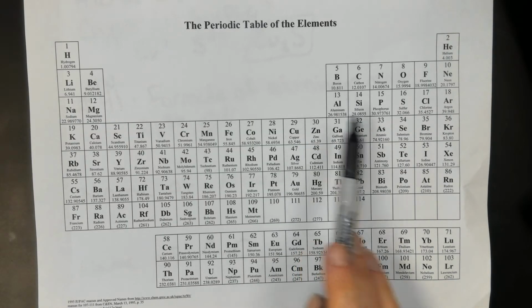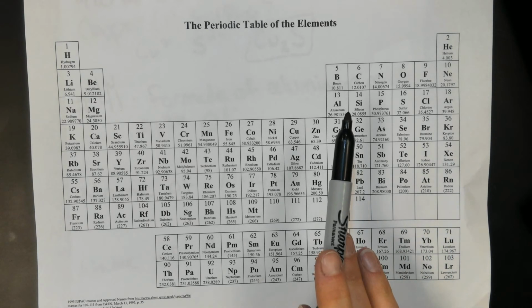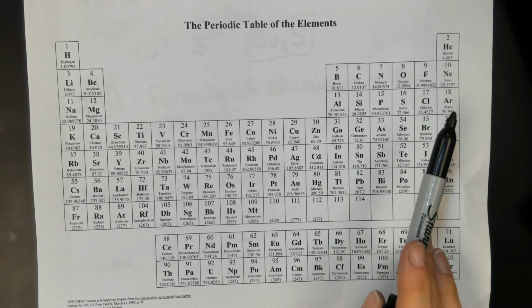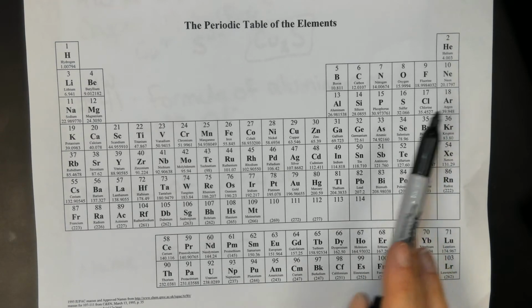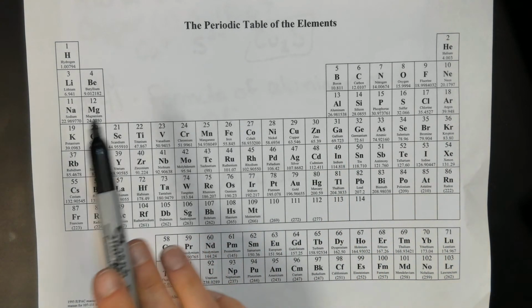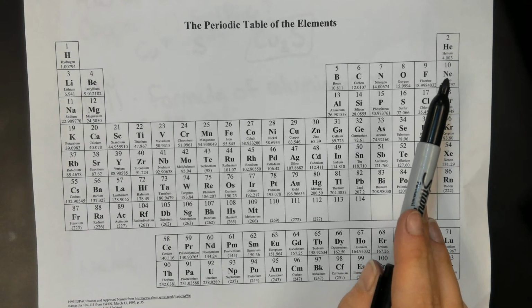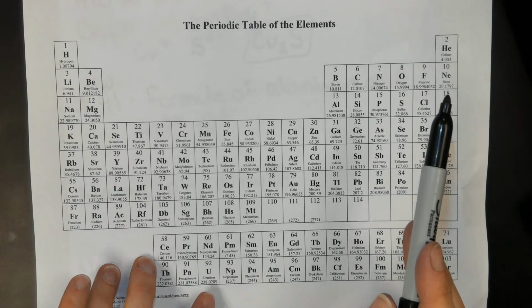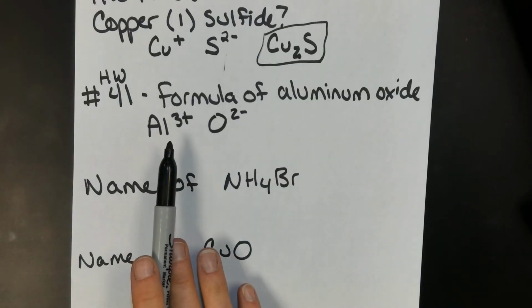Al would also like to be in group 8A, but we have two ways to go about it. Aluminum could either gain 5 electrons and be isoelectronic with argon, or it could lose 3 electrons and be isoelectronic with neon. Which one's easier to do? Losing 3 electrons or gaining 5? That's why it loses 3 electrons. It's an Al3+. So we didn't even really need to memorize aluminum because it makes sense.